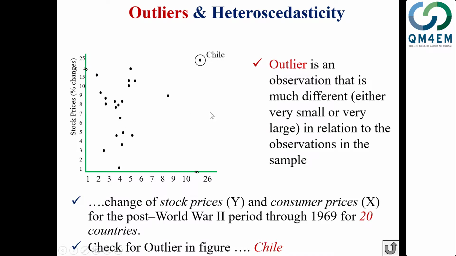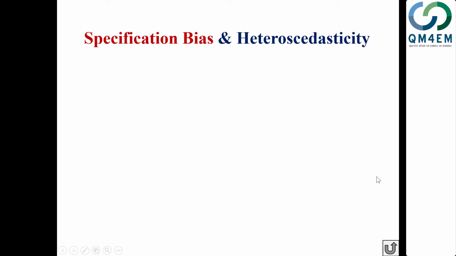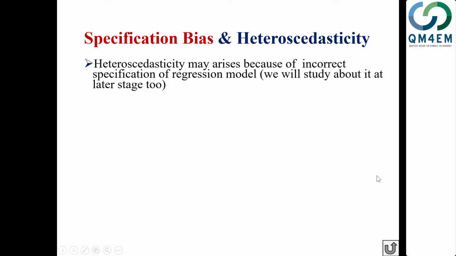Then we may think of heteroscedasticity caused by specification bias. I think specification bias should be clear to you now, but since we studied it some while ago, we will quickly go over it. Normally we say that when there is specification bias, it introduces heteroscedasticity. Specification bias arises because of two reasons.